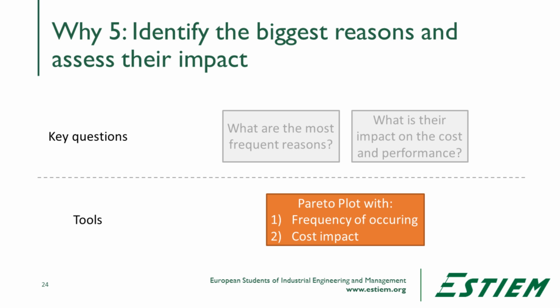This is stratifying the potential causes by how often each is occurring and also by the cost of each occurrence. For instance, not all failures are equally important. Missing screws may not be as important as a broken piece of electrical component that costs about 1,000 times more. So we have to understand what is actually happening in this process.